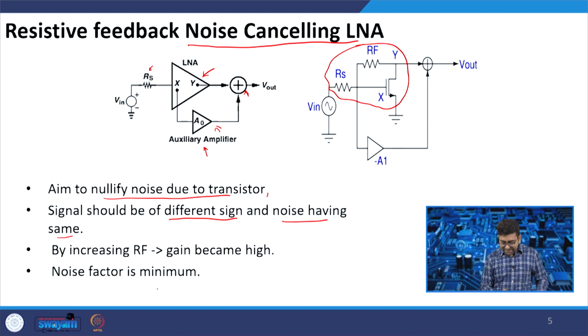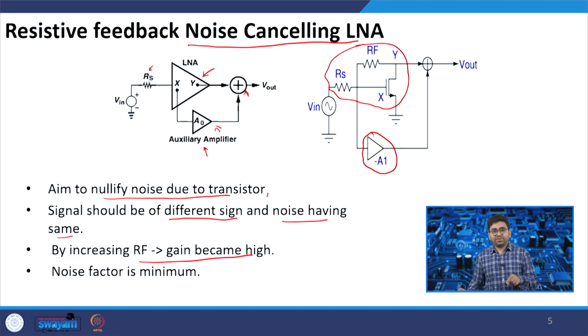By increasing the value of RF, gain can also become high, and another important thing is that you require an auxiliary amplifier. This auxiliary amplifier should mimic the actual LNA, the actual amplifier. If it does not have a similar gain, then you will not get complete cancellation of the noise.